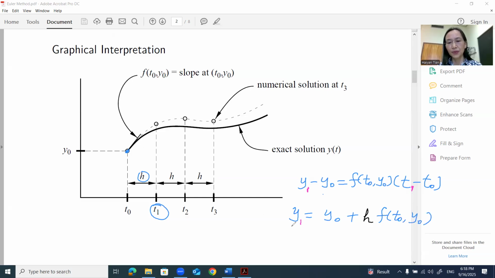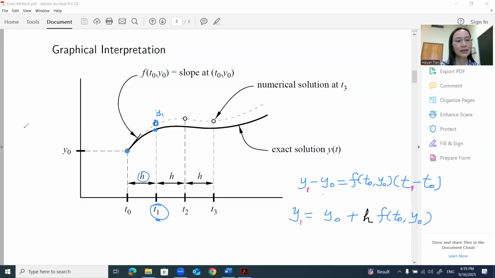So y1 can be found. You draw the tangent line, you go all the way here, and that is simply the tangent line evaluated at t1. So that is our y1. y1 is just the approximate y value of the solution.